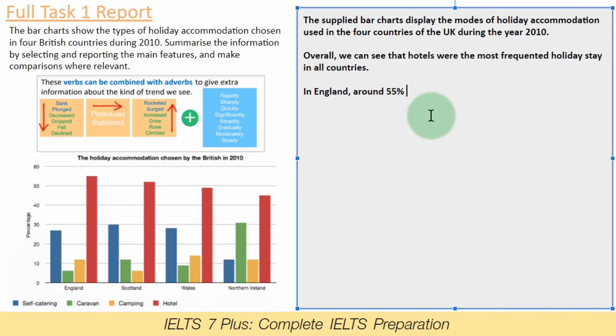Around 55% of holidaymakers chose hotels in comparison to about 52% in Scotland. Again, I'm repeating myself from the overview, the highest proportion in both countries.